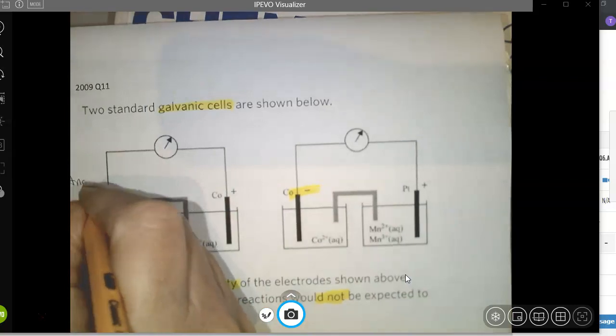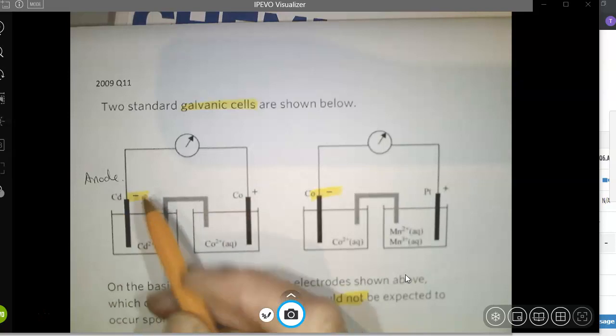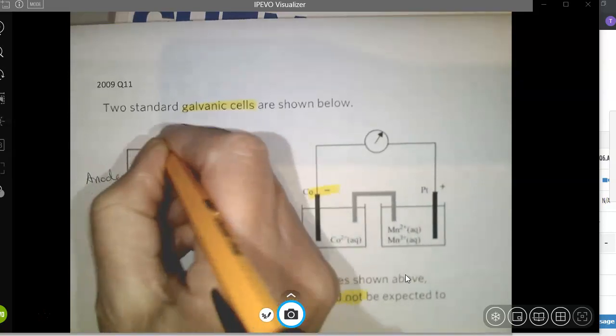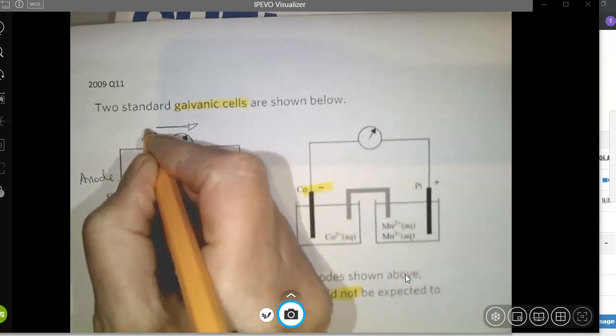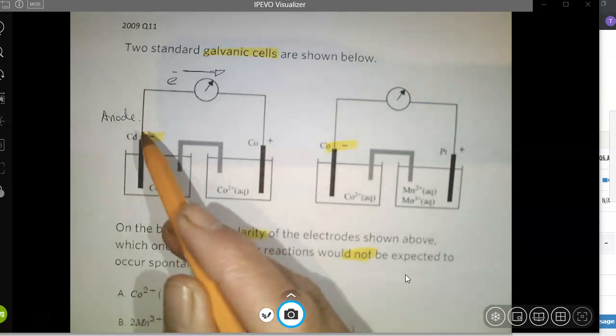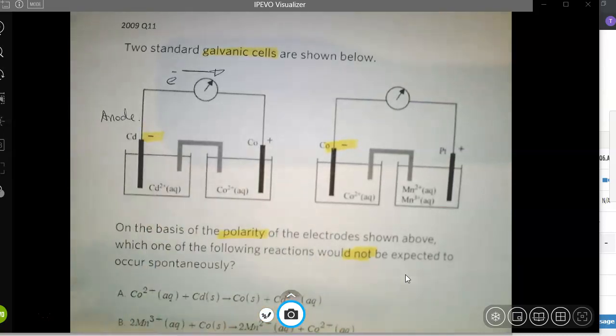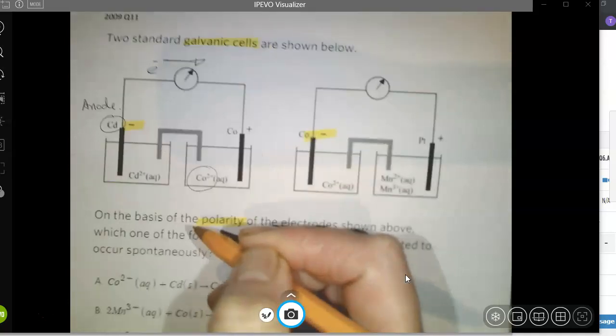So the negative electrode in galvanic cells is the anode. So the electrons come from here and go around to there. Okay, so once you've got the direction that your electrons are going, then everything else falls into place. So you're losing electrons from the metal and they're being given to the ions.